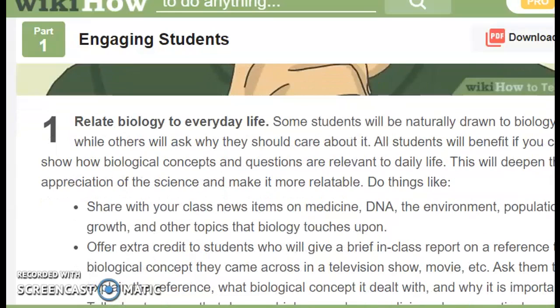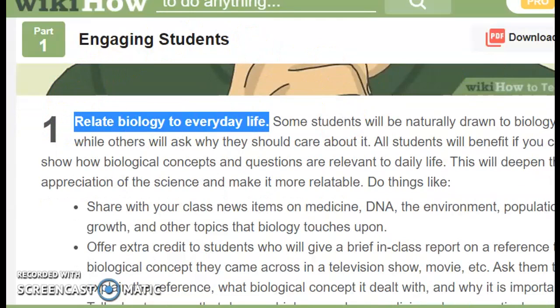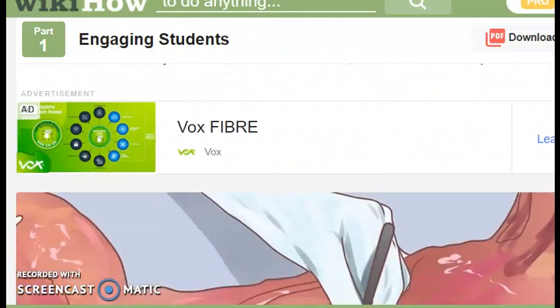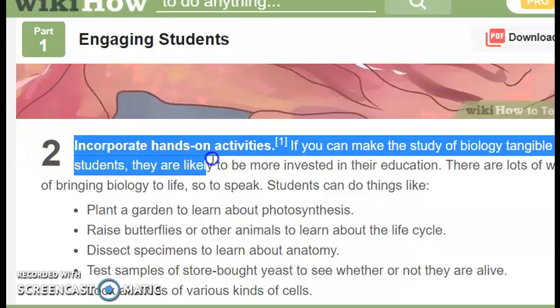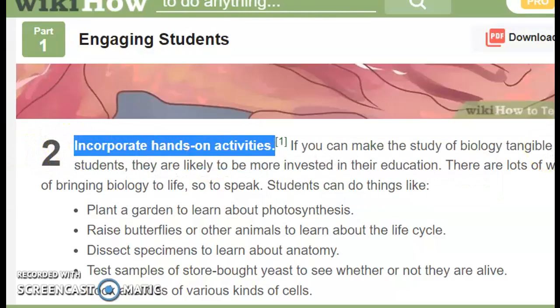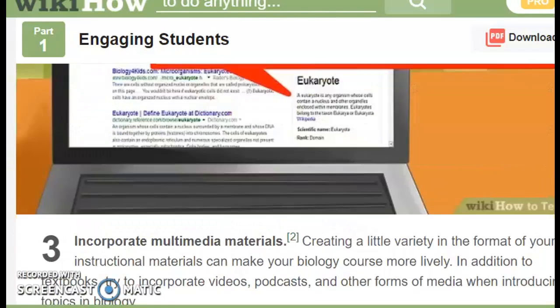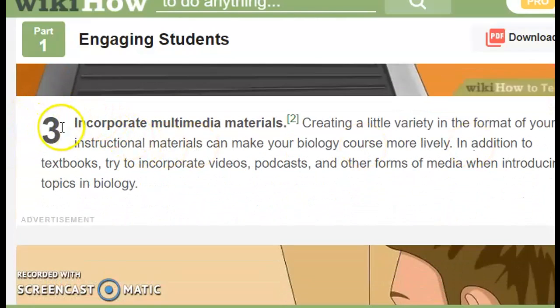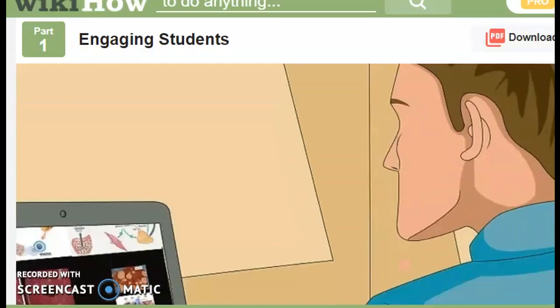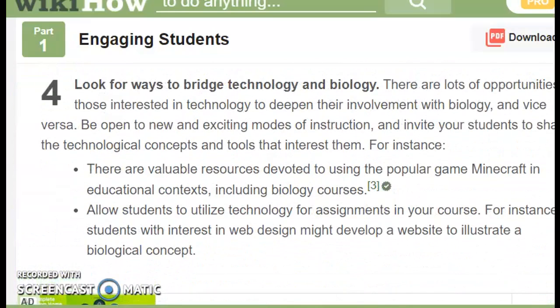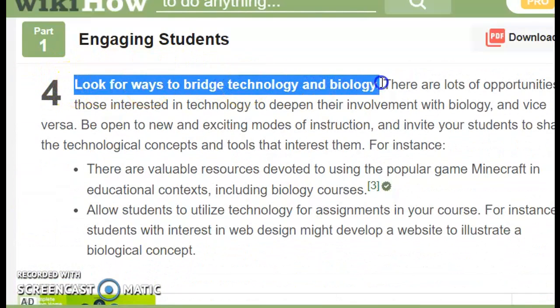So let's go down and have a look at ways to ensure biology is made enjoyable. Number one, he says relate biology to everyday life. Secondly, incorporate hands-on activities. Thirdly, incorporate multimedia materials, such as we're doing right now. Number four, look for ways to bridge technology and biology.